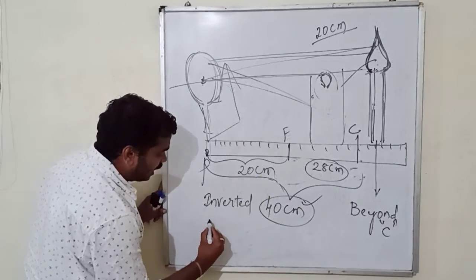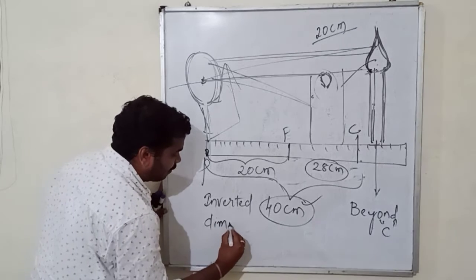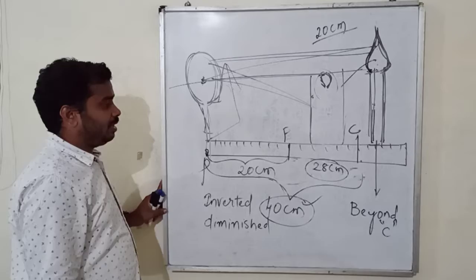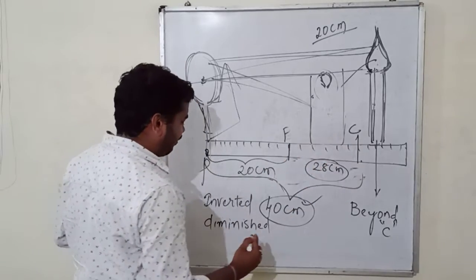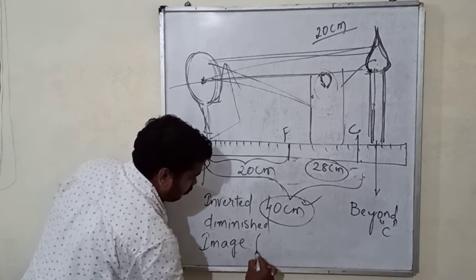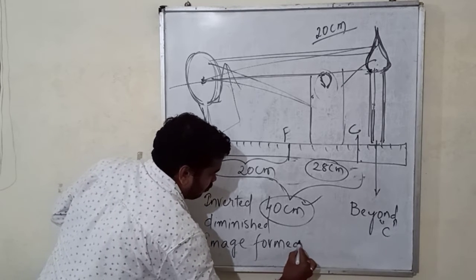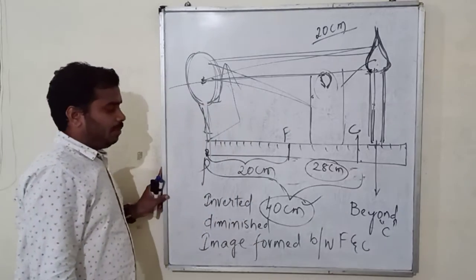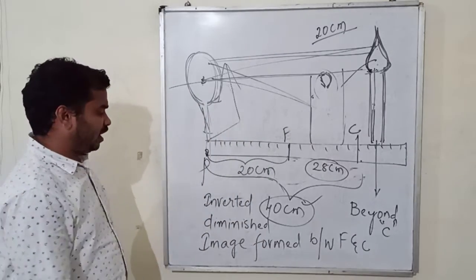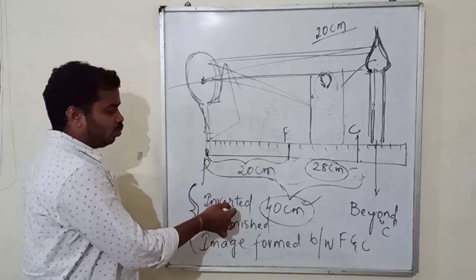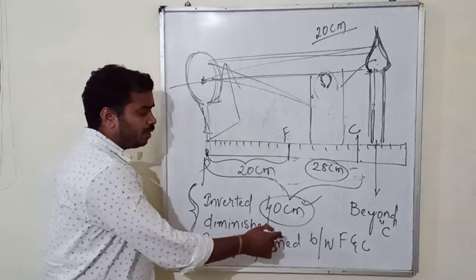That is why it is called a diminished image. Image is formed between F and C. Diminished image, inverted image, image is formed between F and C.